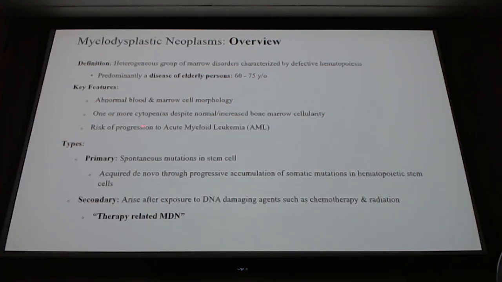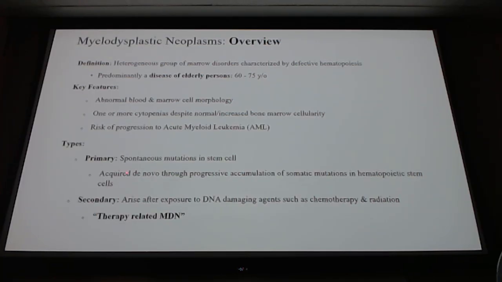And then risk of progression to acute myeloid leukemia, right? So if I say acute myeloid, what's a myeloid? What kind of cells are those? Myeloid cells: RBC, platelets, granulocytes, right? So if I look at AML, I can tell what kind of cells it's going to be affecting versus ALL.